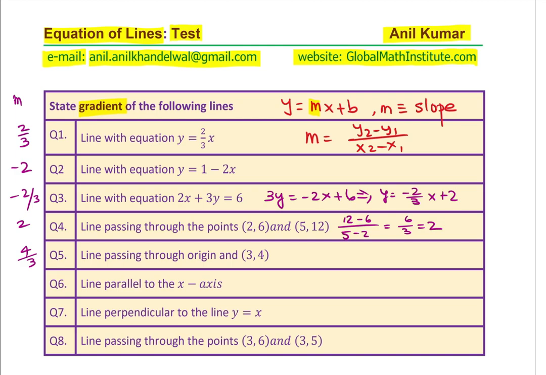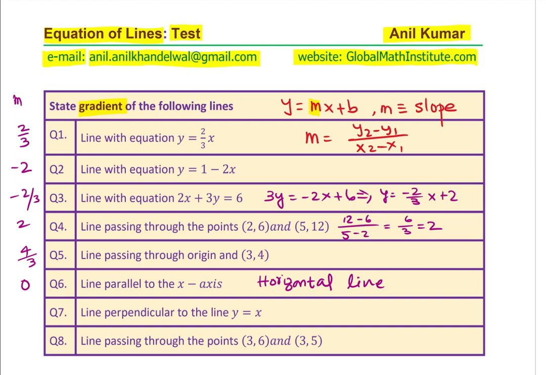Line parallel to the x-axis. How do you get this line? So line parallel to x-axis means it is a horizontal line, right? So if it is a horizontal line, in that case, what is the slope? Of course, it is 0, and therefore the gradient is 0. It doesn't rise, nor does it fall.